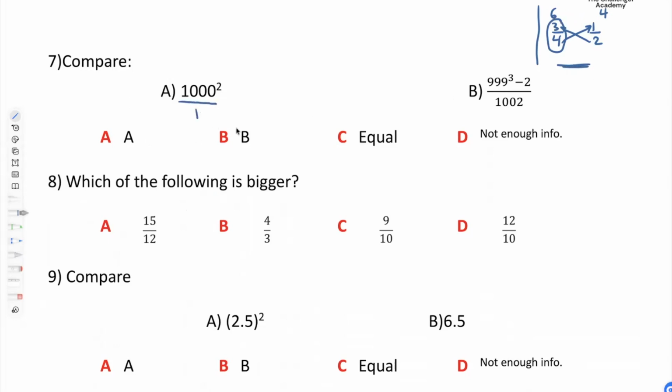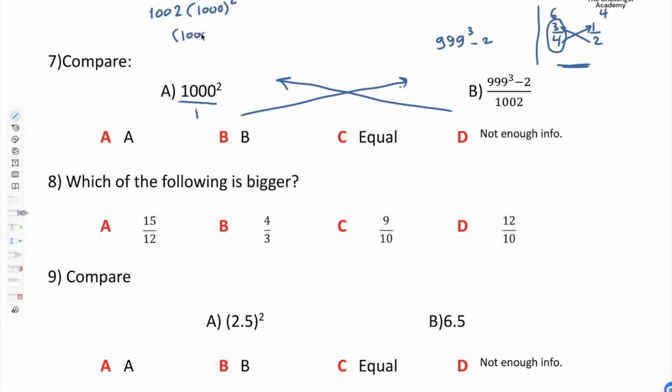So over 1, you'll multiply 1,002 times 1,000 squared, and 1 times this number, write it down, so 999 raised to the power of 3 minus 2. Now you will compare between both. You know that 1,002 you can write as 1,000 plus 2, and this is 1,000 squared.